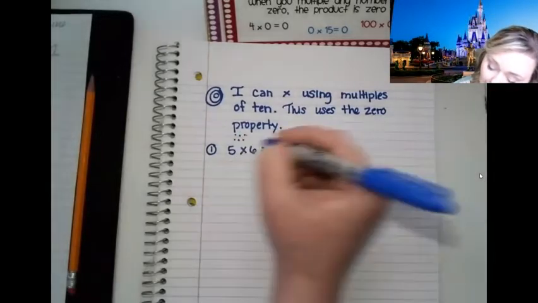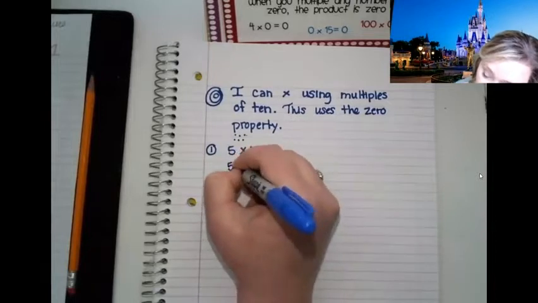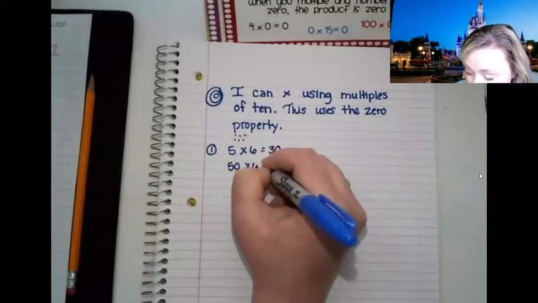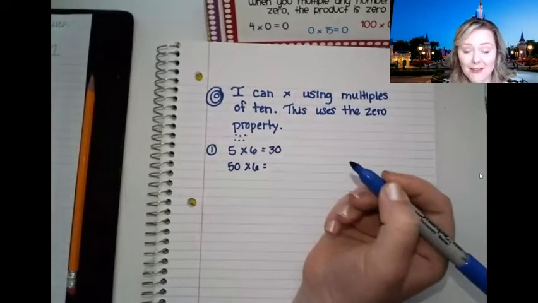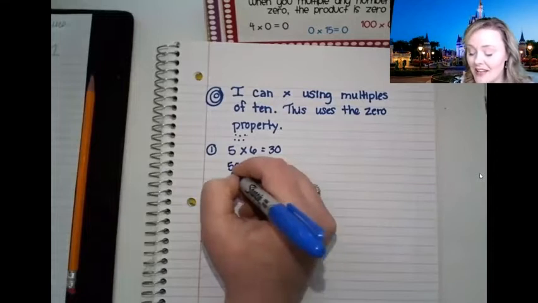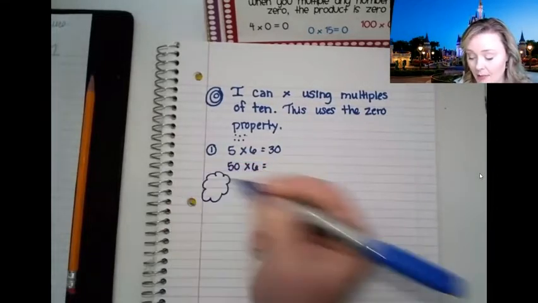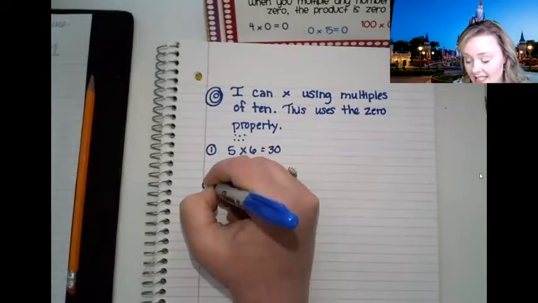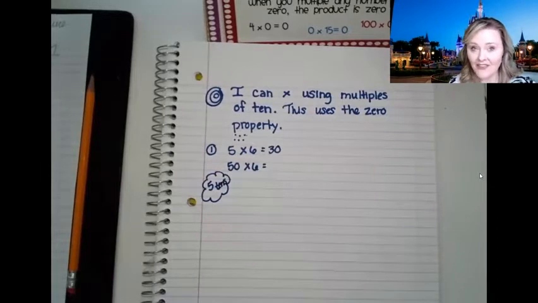So if 5 times 6 is 30, then 50 times 6, well, this is why we call it the zero trick. So instead of thinking about this as 50, I want you to think about it in your think bubble as 5 tens. So what is 5 times 6? 30.